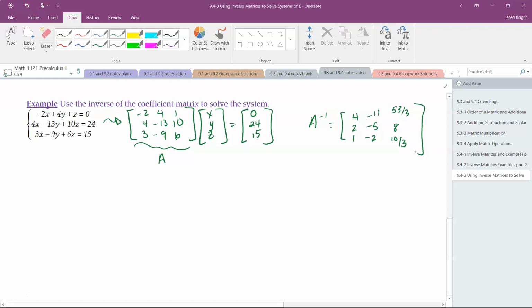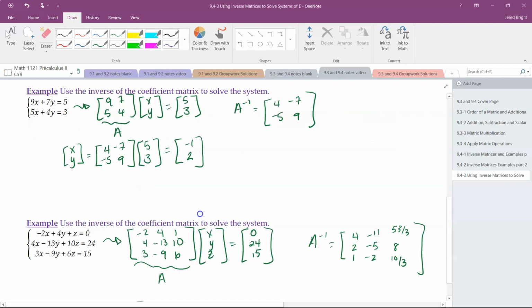With that, you can show that the solutions, and this is work for you to do, x, y, z, are 1, 0, and 2.